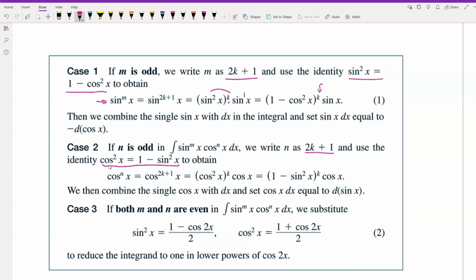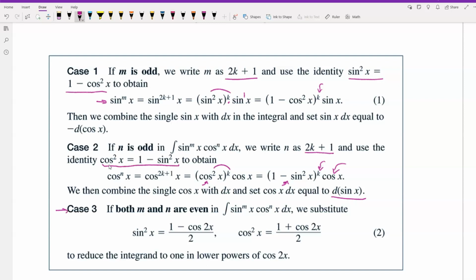So we have cosine to the power 2k plus 1, which is cosine to the 2k, that is cosine squared to the power k, multiplied by cosine x. Instead of cosine squared, now use 1 minus sine squared to the power k multiplied by cosine x. We then combine the single cosine with dx and set cosine x dx equal to d sine x.